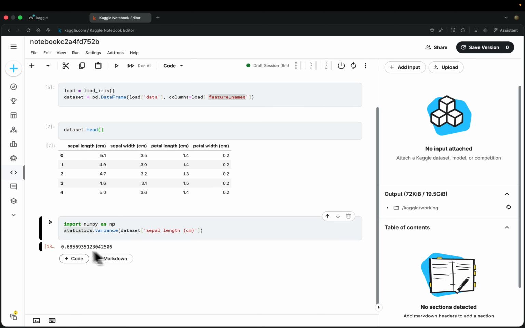Because this 0.7 is in centimeters squared, to understand how spread the data is in terms of centimeters, we can take the square root of it using np.sqrt. It will be a problem if it's not in NumPy. No, it's in NumPy, so it's basically almost 1.